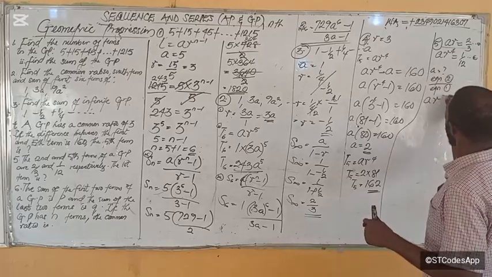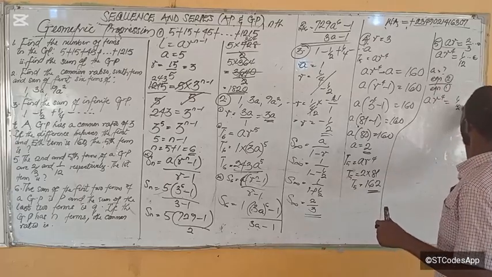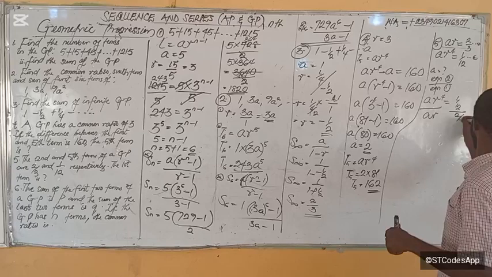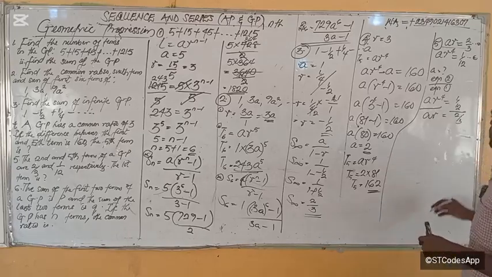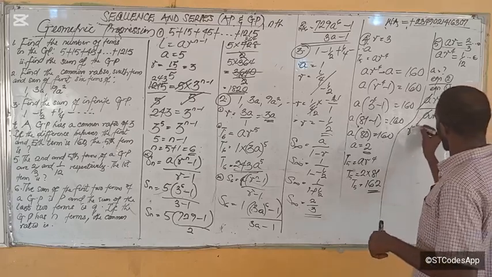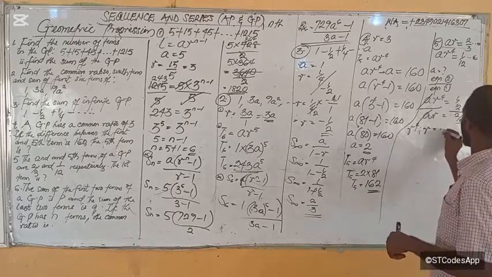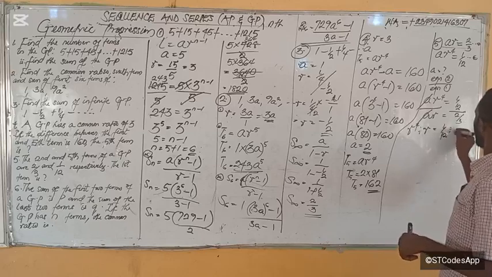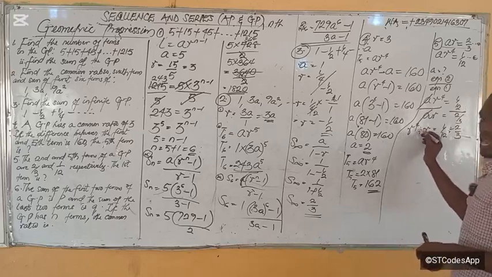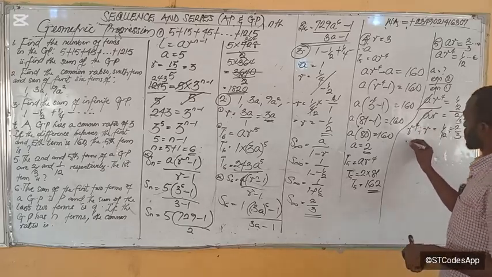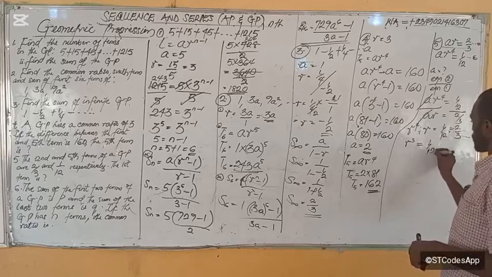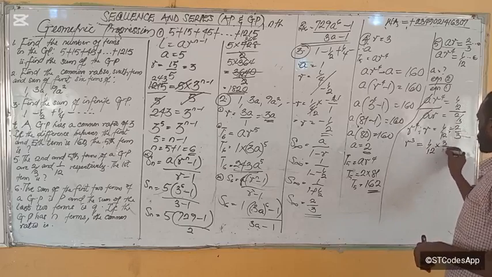So we have AR to the power 4 equal to 1 over 12, that's equation 2, over AR, equation 1, here over 2 over 3. Is that clear? So here, A takes care of A. This becomes R to the power 4 divided by R is equal to 1 over 12 divided by 2 over 3. This becomes R to the power 4 minus 1, that is R cubed, equal to 1 over 12 times 3 over 2.